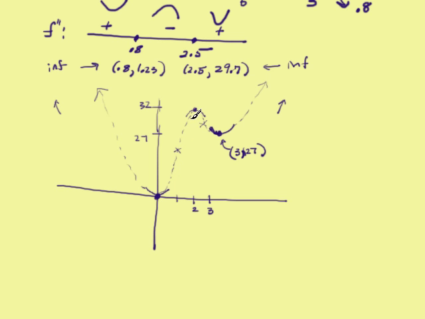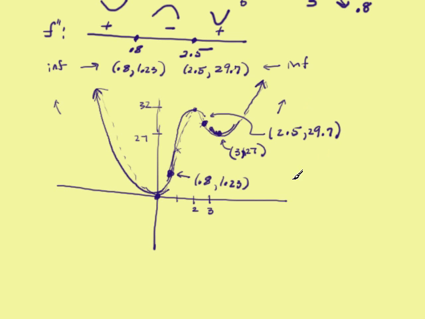Not what we expected, but it's way down here. That's one inflection point, and the other at 2.5 over here, up at 29.7. We wanted it to be between 32 and 27, so that makes sense. That's the other inflection point. Okay, so that's the curve. That's the graph.